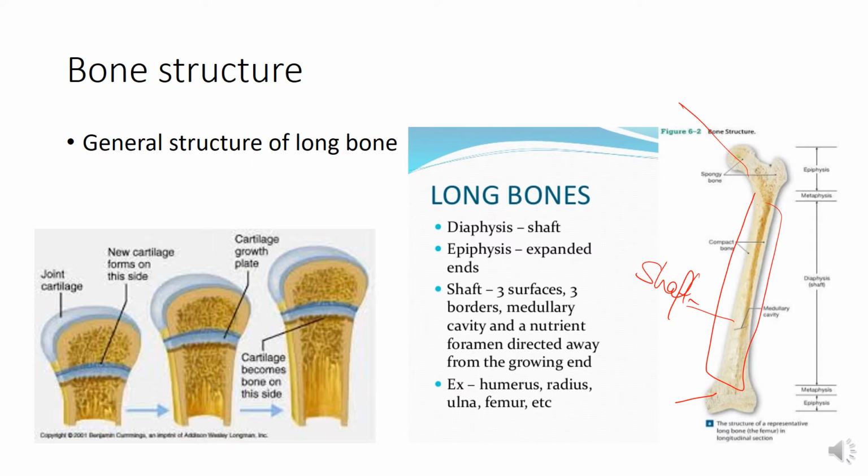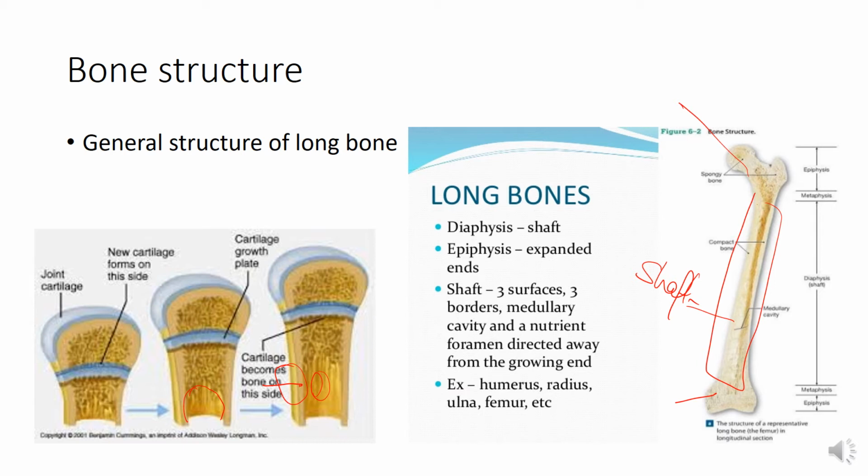Here you can see the shaft is composed of compact bone and a cavity known as the medullary cavity. Inside this cavity lies the bone marrow, which in adults is the fatty yellow bone marrow, converted into fat. So no active bone marrow is present in the shaft of the adult long bone.